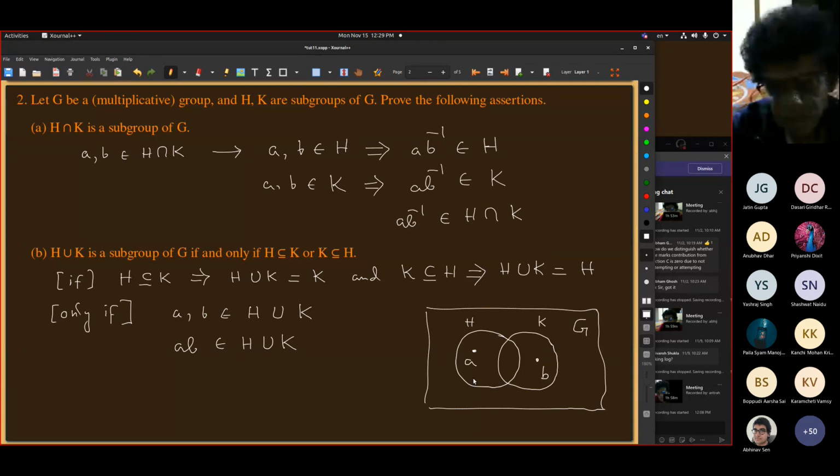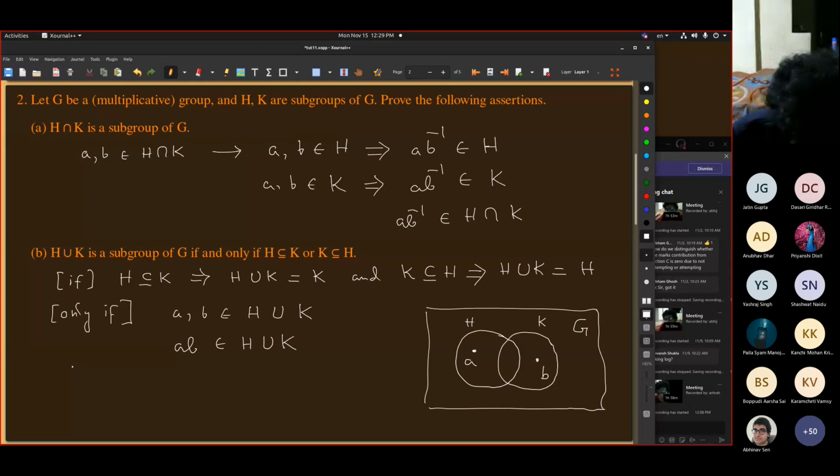If it is in H, then we know A belongs to H and AB belongs to H. Then we can find the inverse. So this means AB is in H, or AB is in K, or maybe both.